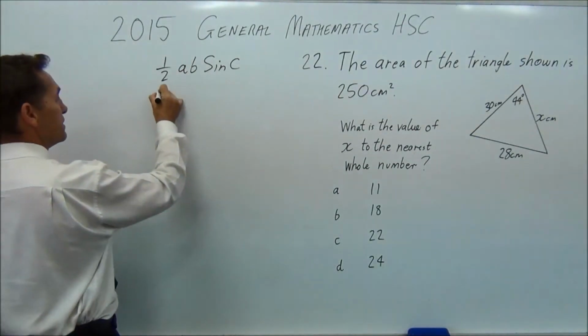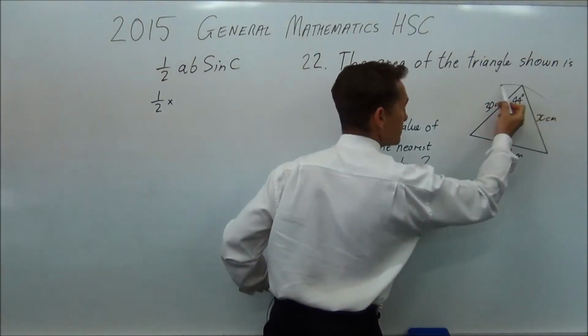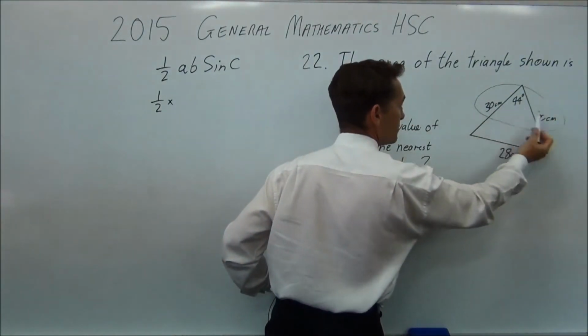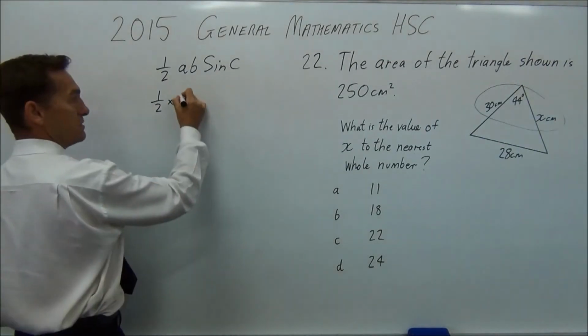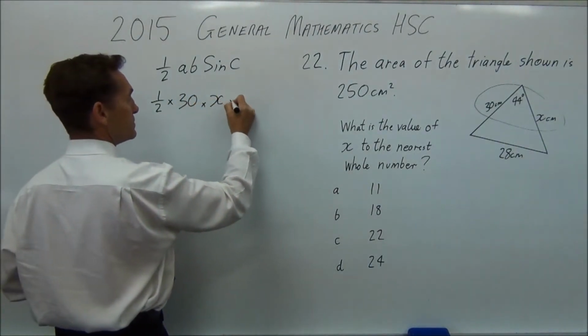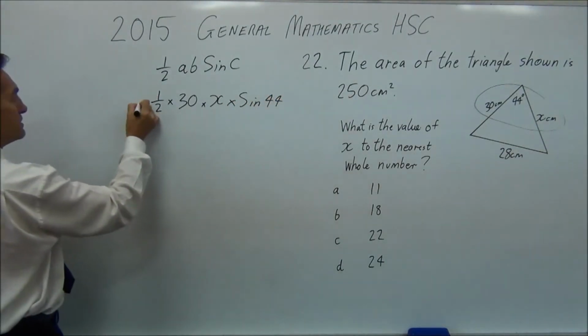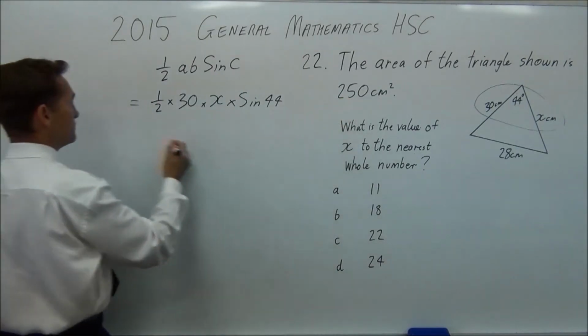So let's go. We're going to go half multiplied by, we're going to look at these ones right there, ab sine C. So 30 times x times sine 44, and that's going to equal, they tell you it equals 250.